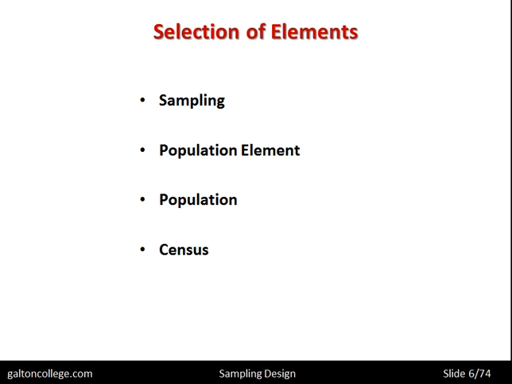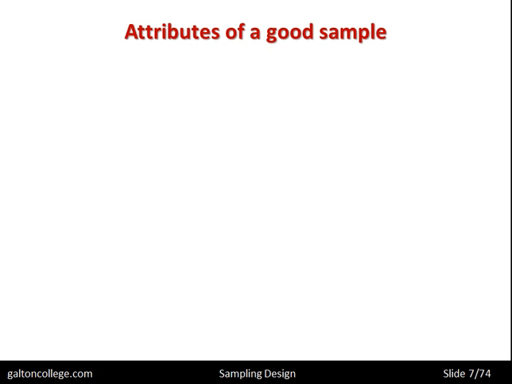Now let's look at the attributes of a good sample. First of all, it should be accurate. In other words, the results of the sample, let's say the average of the sample, should correspond to the average of the population. Generally speaking, we don't have confidence enough to say that one is precisely the same as the other.